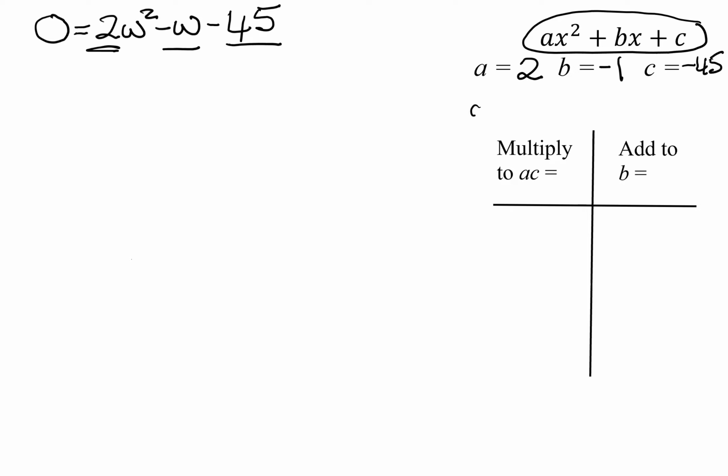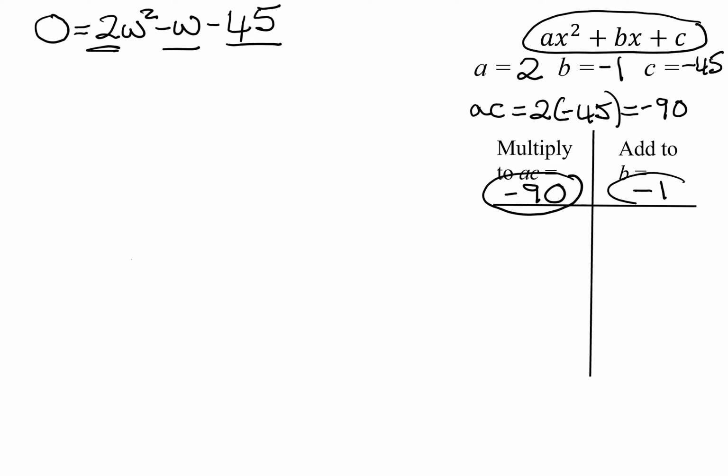So I'm going to multiply A times C, so it's 2 times -45, which is -90. So I need 2 numbers that multiply to -90 and add to B, which is -1. Since it multiplies to a negative, they're opposite in sign, and the bigger number has to be negative.